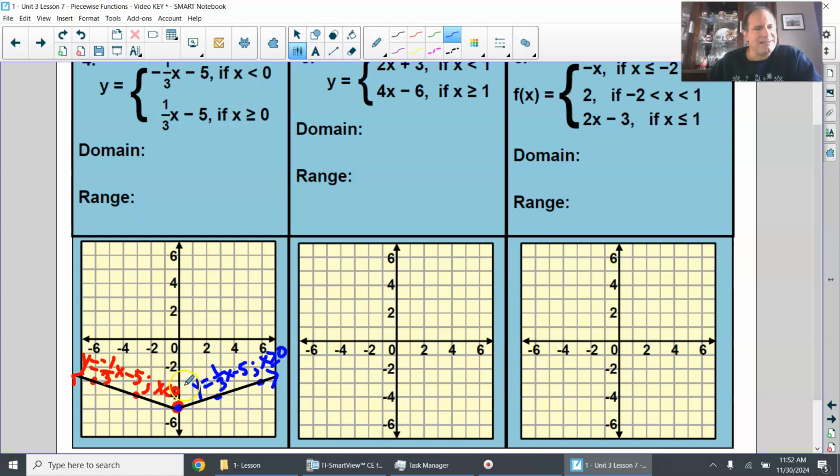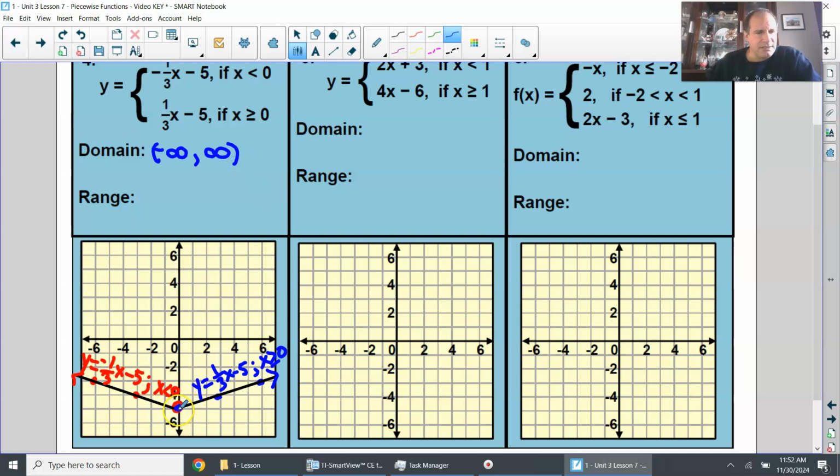So 0 is included. If you're writing the domain as an inequality, or even as interval notation, which is what I'm going to do, I'm going to put down negative infinity, goes to the left forever, and positive infinity, goes to the right forever.